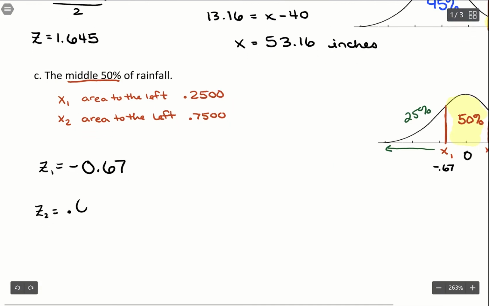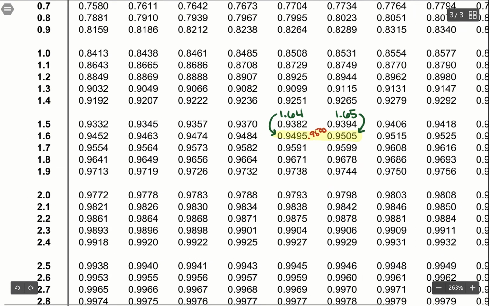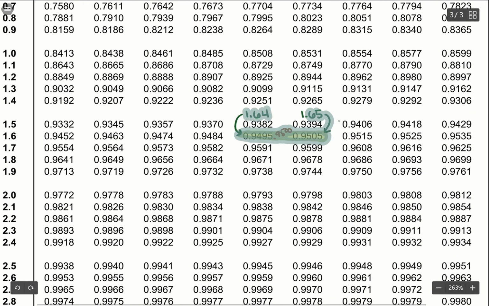So you can either just use the symmetry and be done with it, but just in case and just to get some extra practice with our table, what we'd be doing is going to find that 0.75.